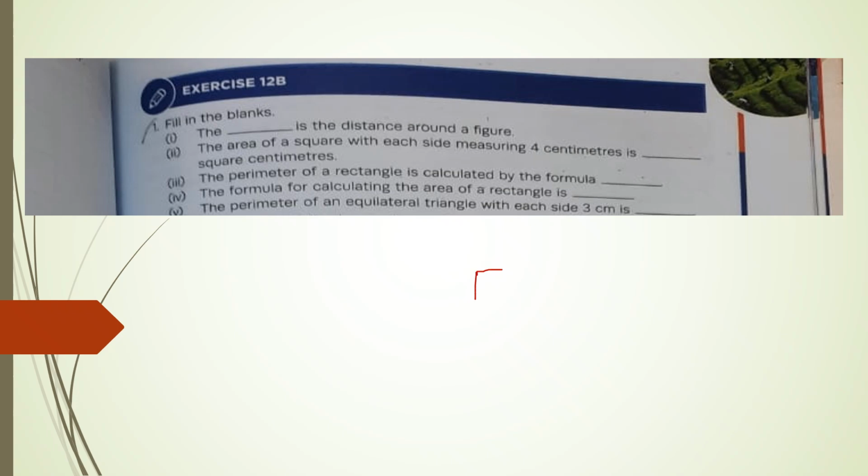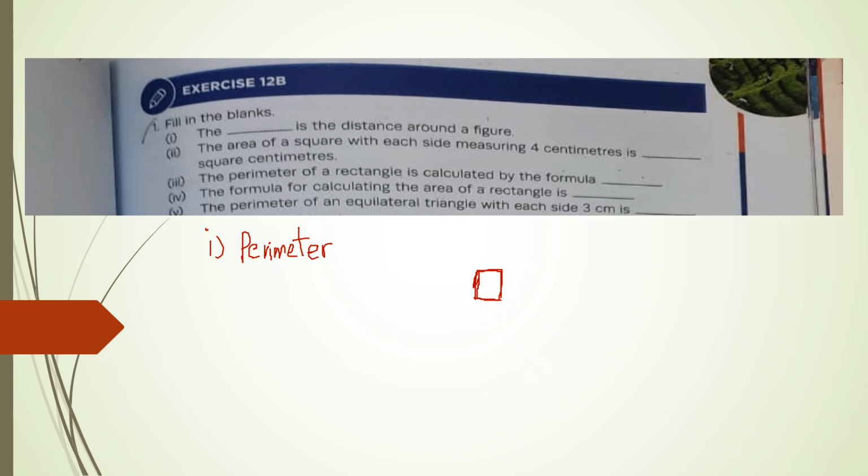As we know, for example, if this is a square, as we learned, the boundary length or the distance along the boundary is called perimeter. So we can say the perimeter is the distance around a figure. So the first blank will be perimeter.